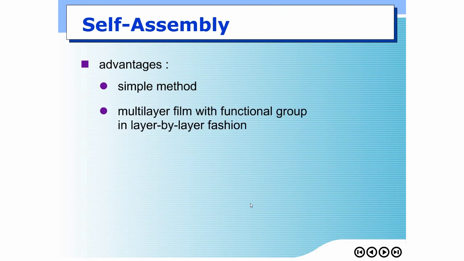Alright. The good thing about self-assembly technique is that it is relatively simple. You can get reaction at room temperature, and you can control the film. You can get multilayer film with functional groups that you want, and this can be done layer by layer. So you may have 2 baths of different precursors.